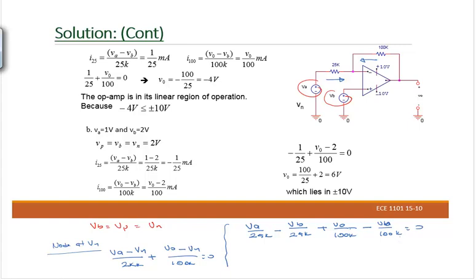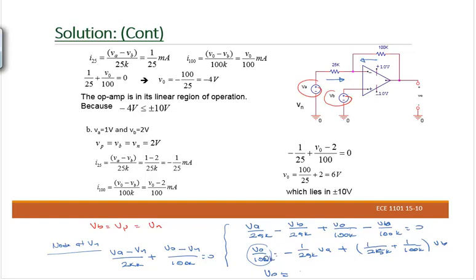I'm going to leave V0 divided by 100K alone and put the other terms on the other side: negative 1 over 25K VA, plus 1 over 25K plus 1 over 100K times VB. If I leave V0 alone, this is 100K, this is 100K.